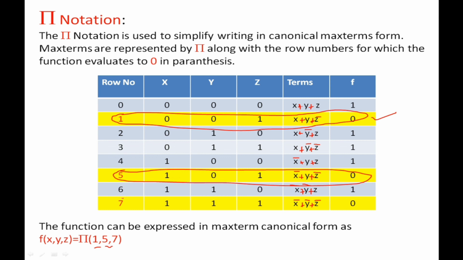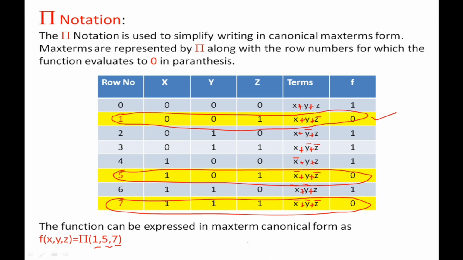And the last row, that is 7, where the function is again evaluating to 0, is part of my canonical maxterm form. So this is how we simplify the writing in canonical maxterm form instead of writing all the terms in a given function.